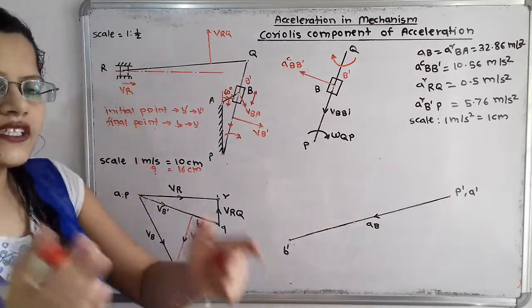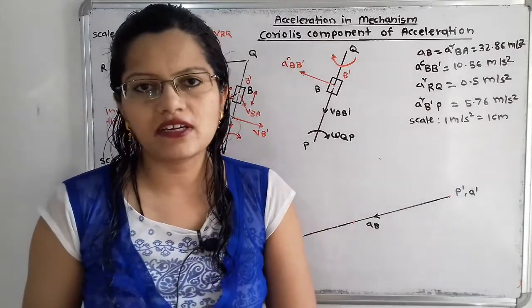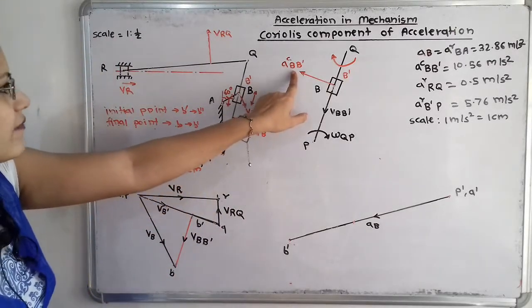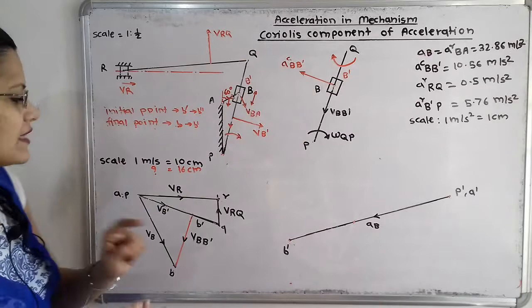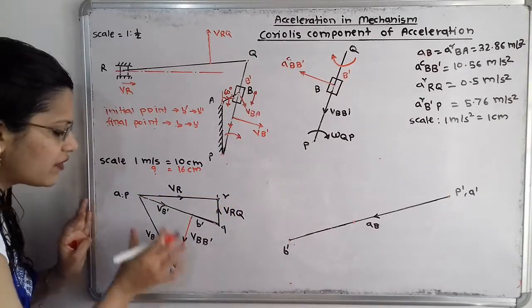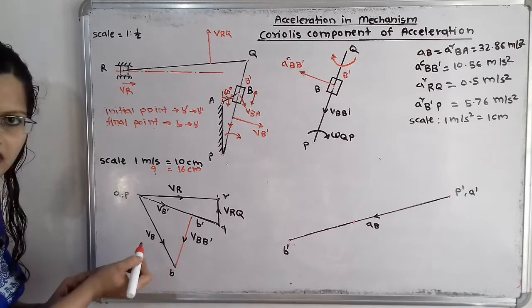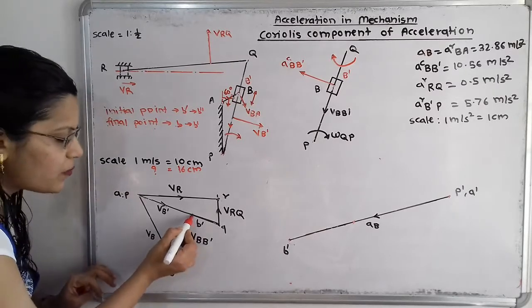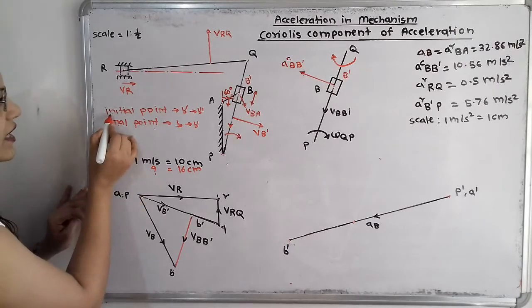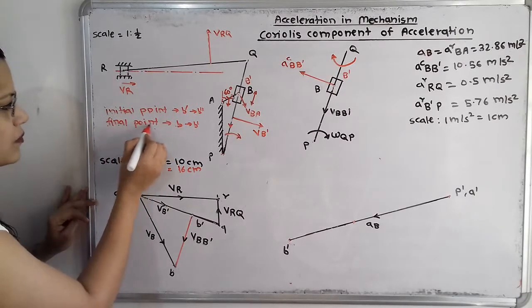In this, what is the initial point and what is the final point? That is the Coriolis component of acceleration of B with respect to B dash. If we take the reference of this velocity diagram, the arrow is shown in the downward direction. So the initial point is B dash and the final point is B. So we have to write initial point B dash, final point B.